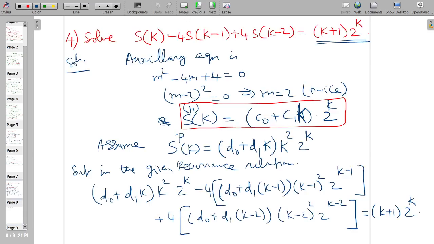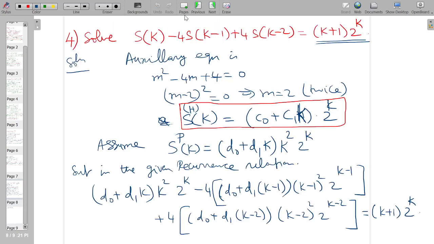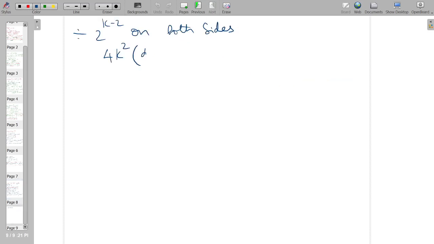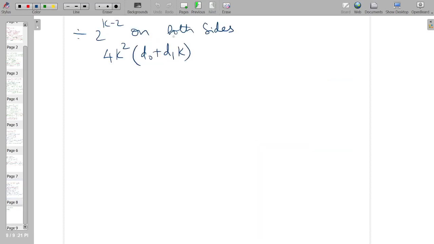I will have 4k squared into d naught plus d1 k, and here 2 power k minus 1 by 2 power k will give you 2 in the denominator, 4 by 2 would give you again 2, so I will have minus 2 times d naught plus d1 into k minus 1.